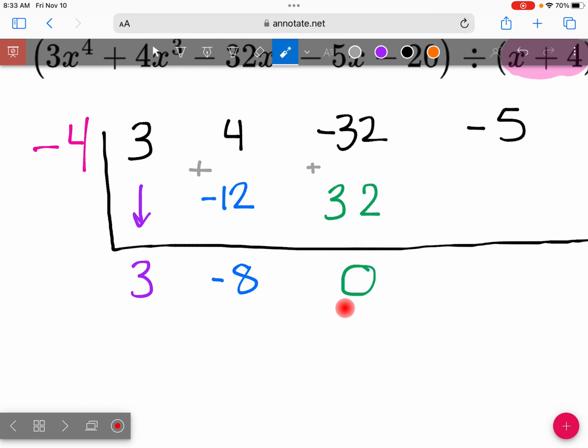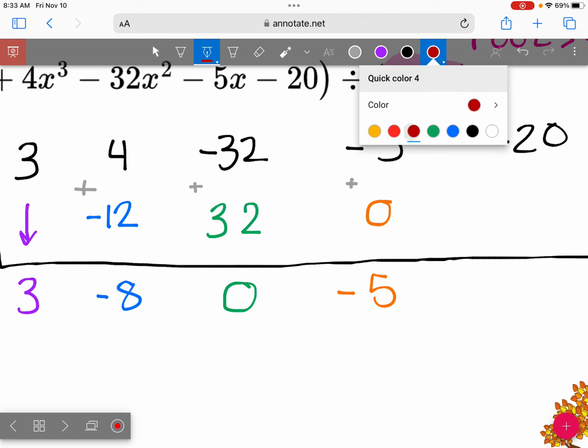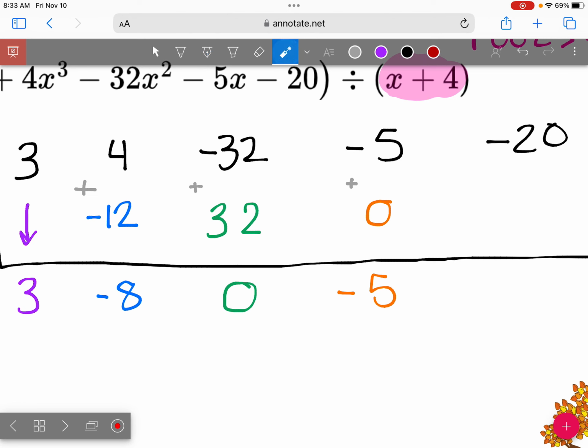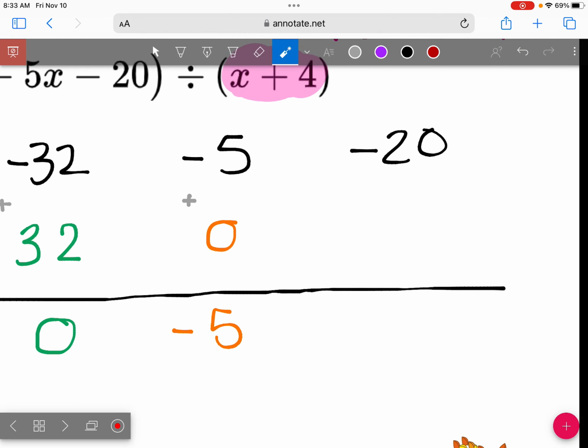Then I'm going to take my 0 times my negative 4. What is 0 times negative 4? 0. Negative 5 plus 0 is negative 5. One more. Negative 5 times our negative 4 is 20.